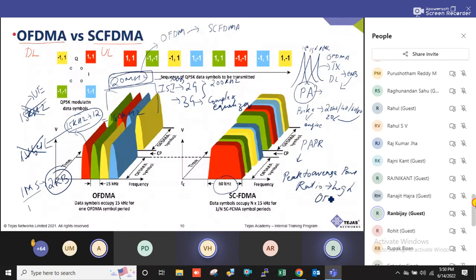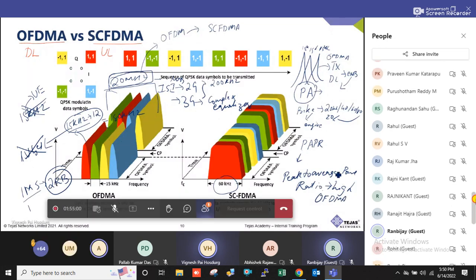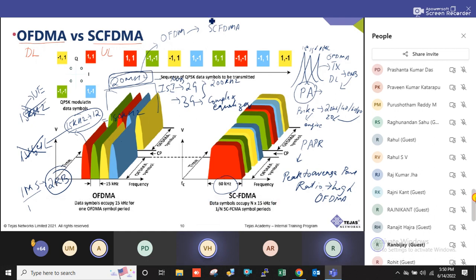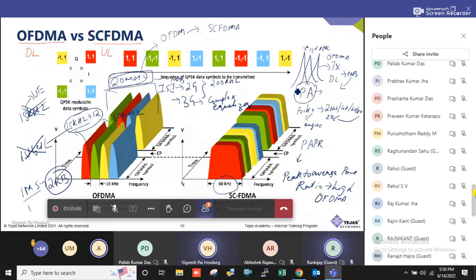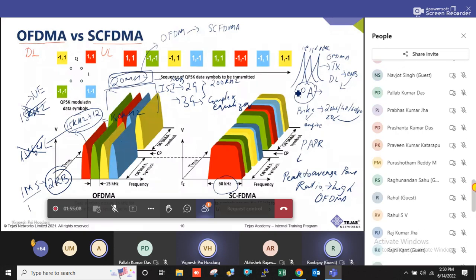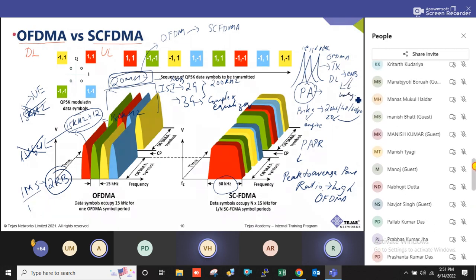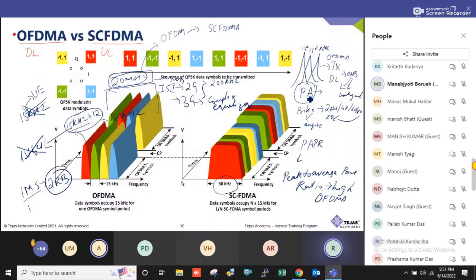It's very high in OFDMA. So what is the implication here? Whenever the power amplifier has a lot of work being done in downlink, that's okay. Why? Because eNode B has unlimited power, isn't it? It has very high power to manage this OFDMA.